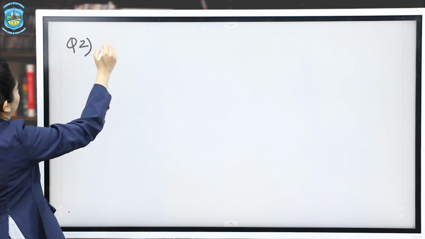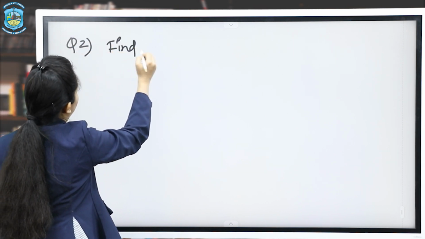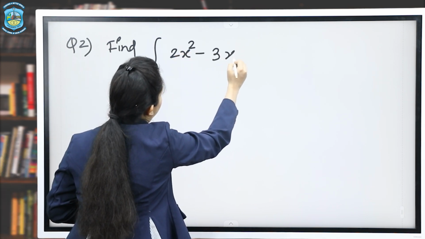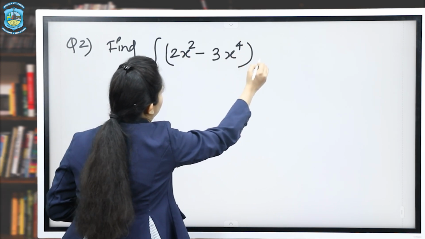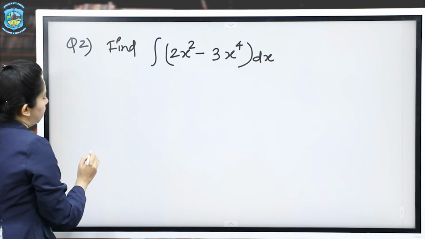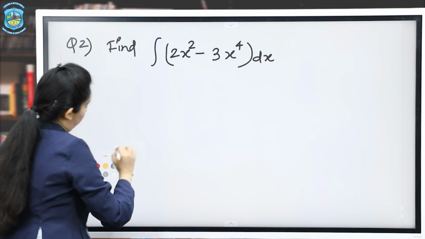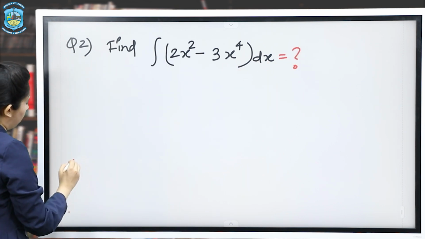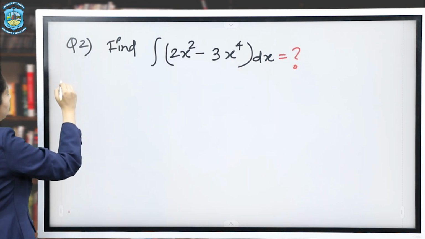Now the second question is: you have to find the value of the integral of 2x square minus 3x raised to the power 4 dx. That means we have to find the value of this integral. So we will start the solution.